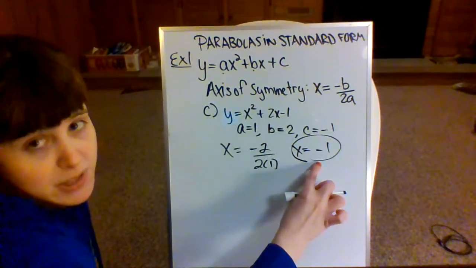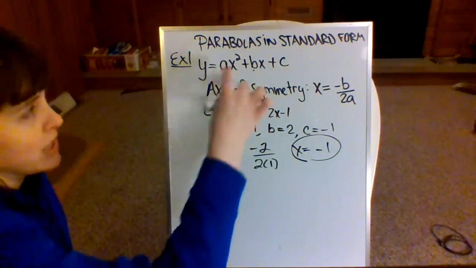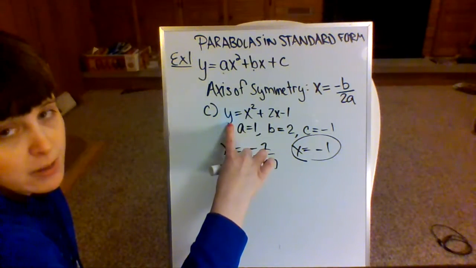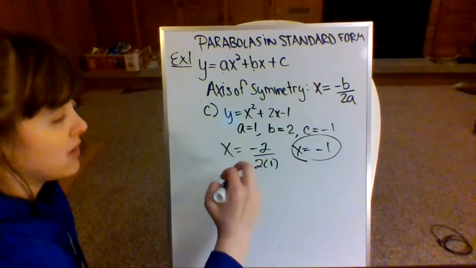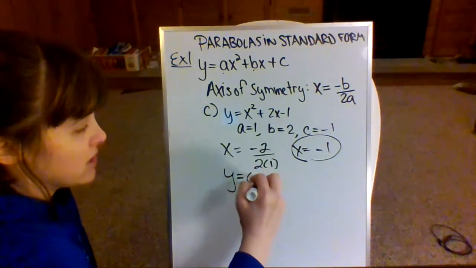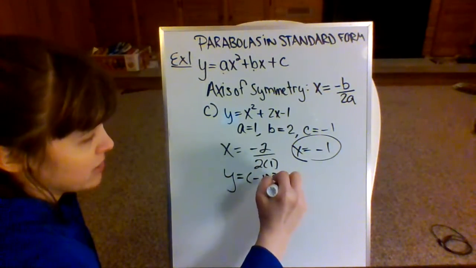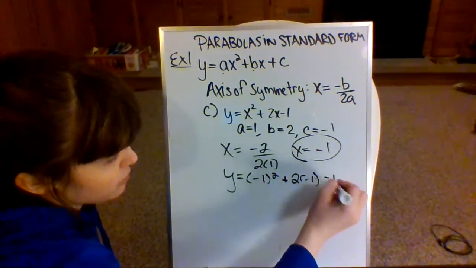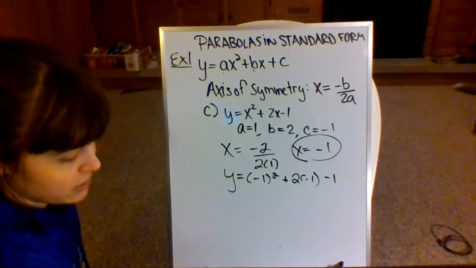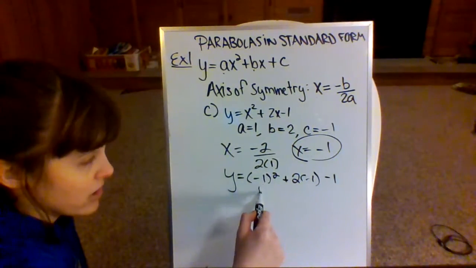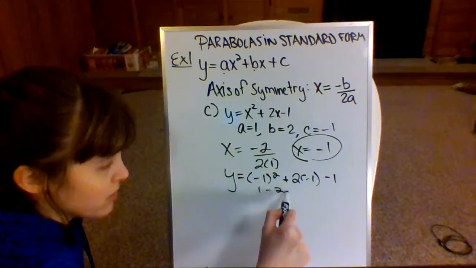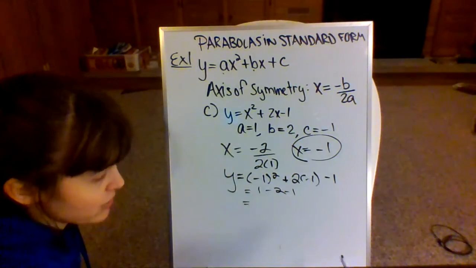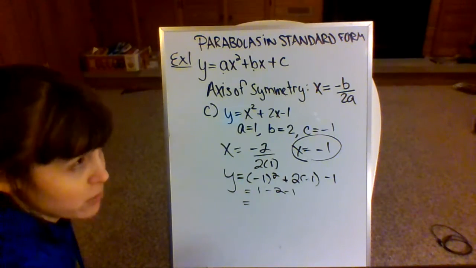Okay, so like I said, that's going to be the x value of our vertex. Now we're going to have to plug it in. So we're going to plug it into this equation, and we're going to find y. So y equals negative 1 squared plus 2 times negative 1 minus 1. Okay, so we're going to do that math. 1 minus 2 minus 1. So 1 minus 2 is negative 1.